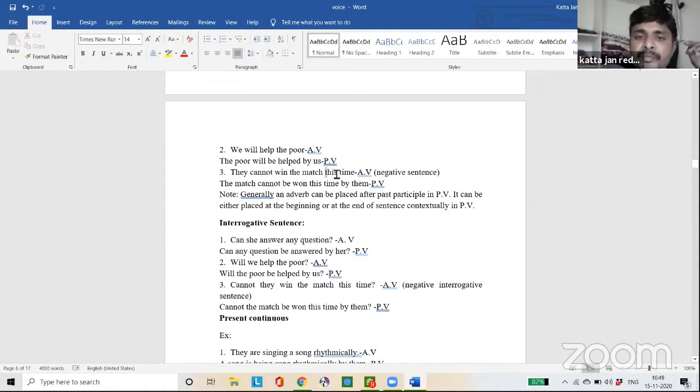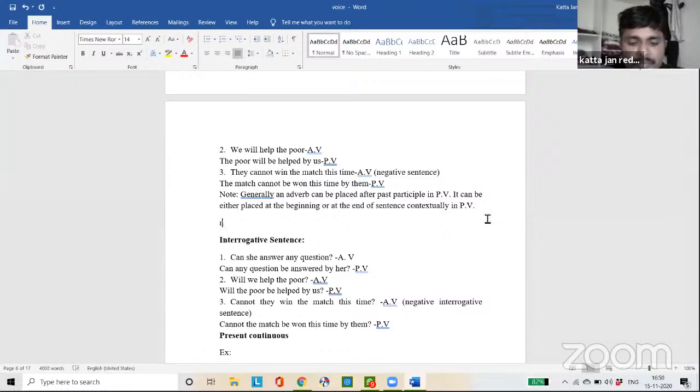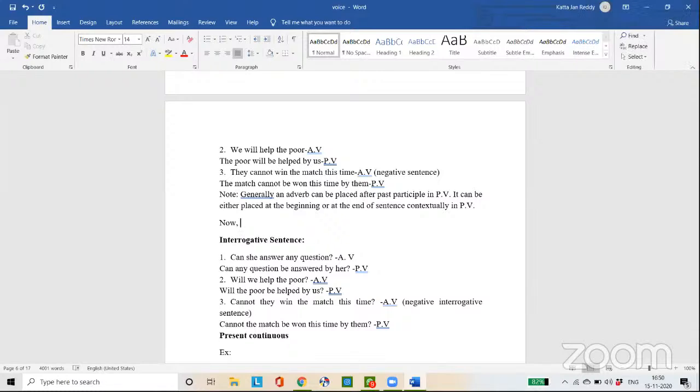When time is given, this time, that time, yesterday, here, there, right? Sorry, now, time, whatever the word that indicates time, then we can also use the adverb of time. Let me tell you clearly. Adverbs of time are: now is a word indicating time, isn't it? Yes or no? Yes, sir.